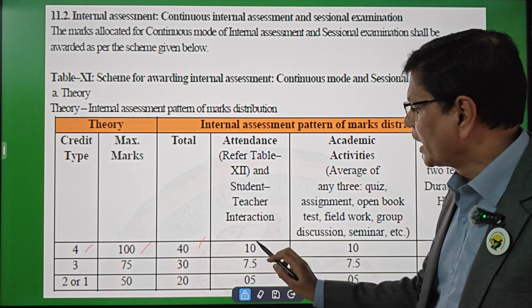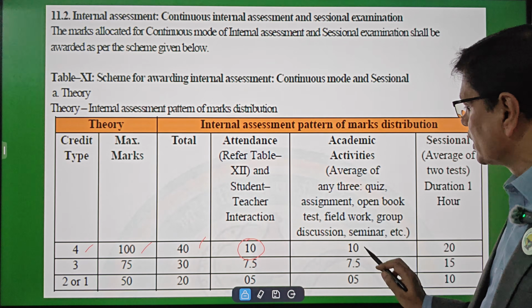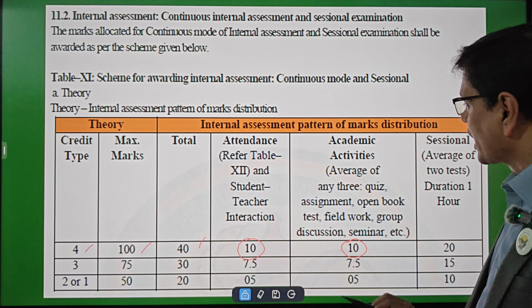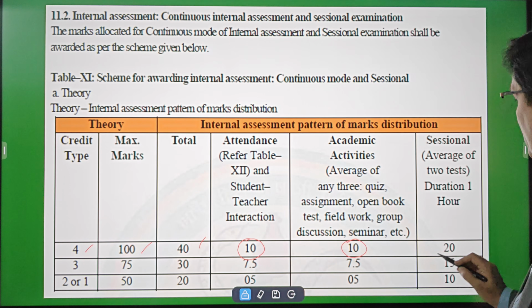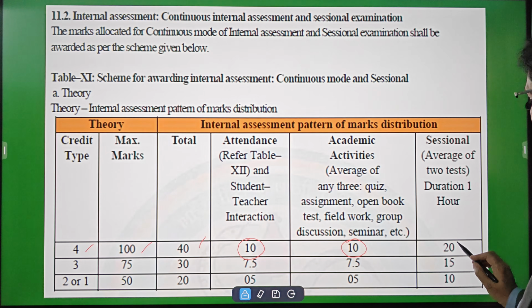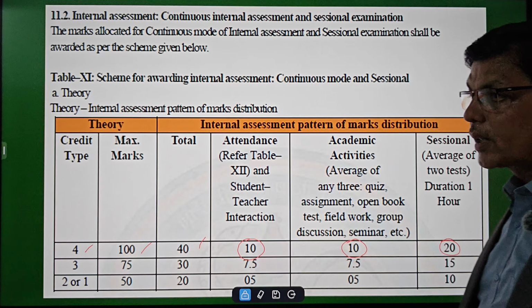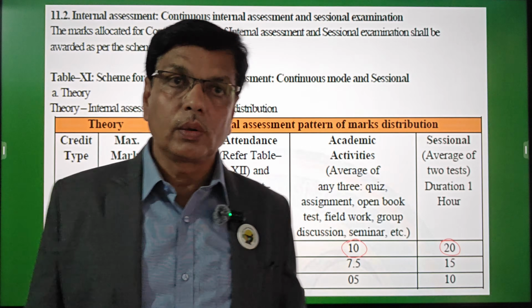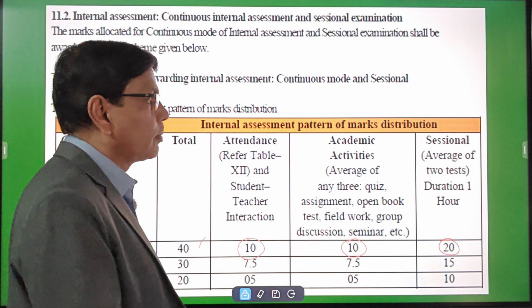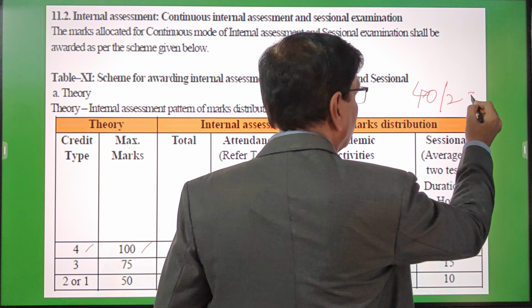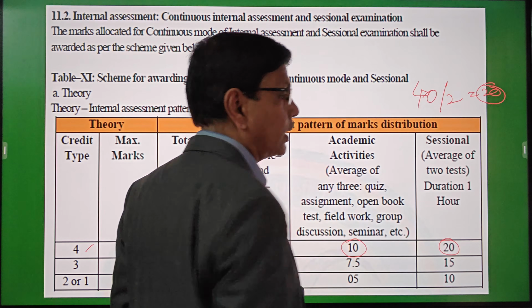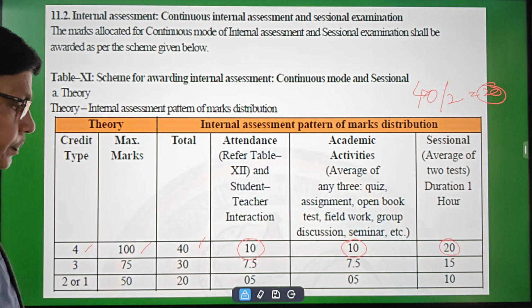Out of 40, 10 would be for attendance, 10 would be for academic activities such as quizzes, assignments and open books, and we have to conduct a 20 marks internal assessment. So what is our practice? For 20 marks we used to conduct it for 40 and reduce it to half, that is a 20 marks examination.